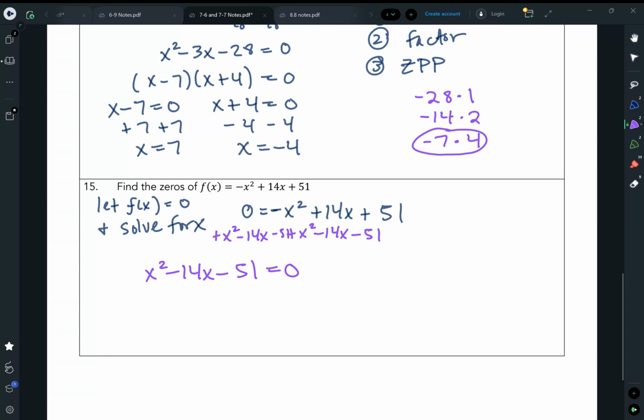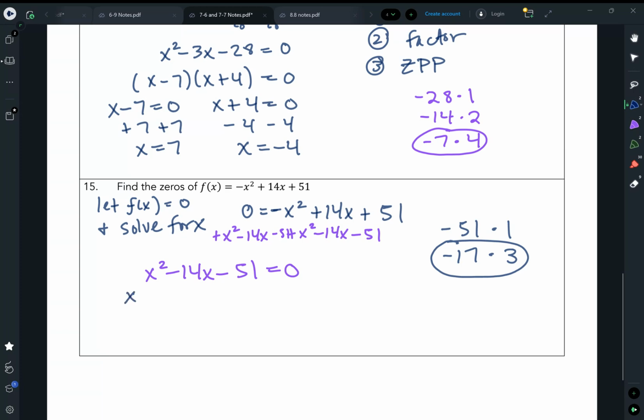So I made it equal to 0. Now I'm going to factor and use zero product property. So things that multiply to make negative 51 and add to make negative 14. That would be, let's see, a negative 51 times 1. And I happen to know I can divide it by 3, so it could be negative 17 times 3. So of these two combinations, negative 17 and 3 is the one that adds to make negative 14.